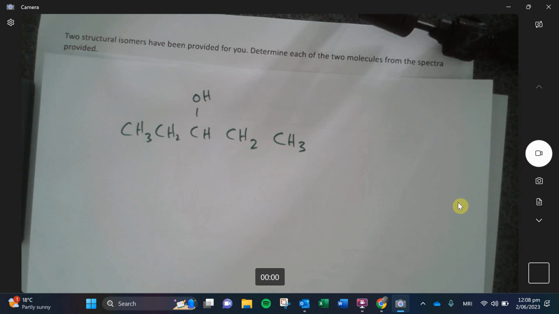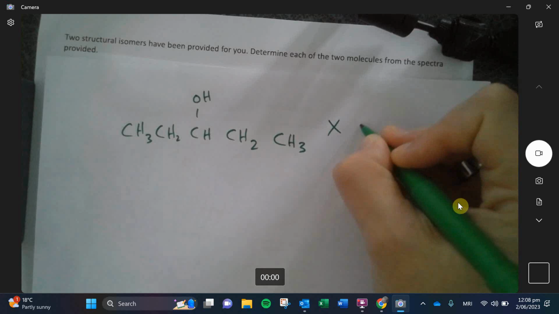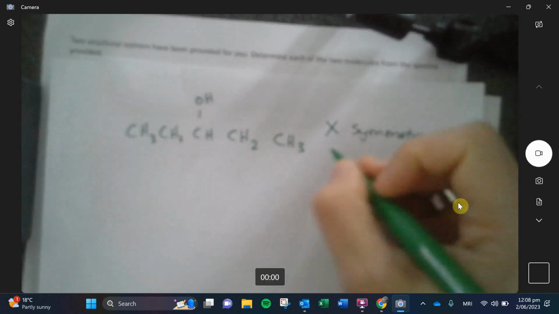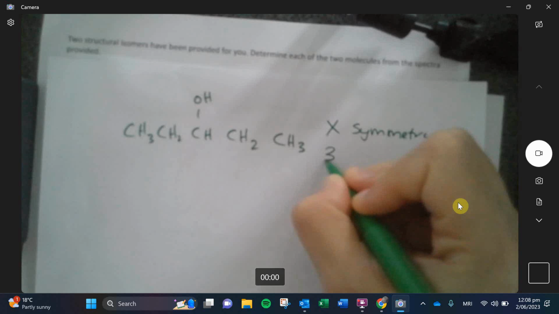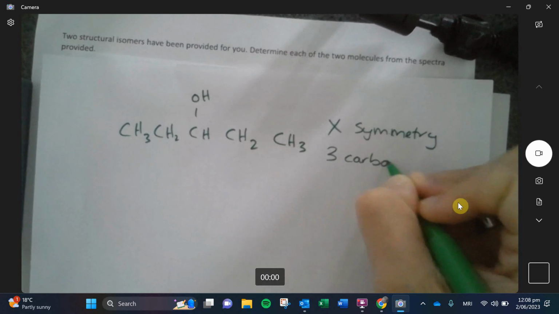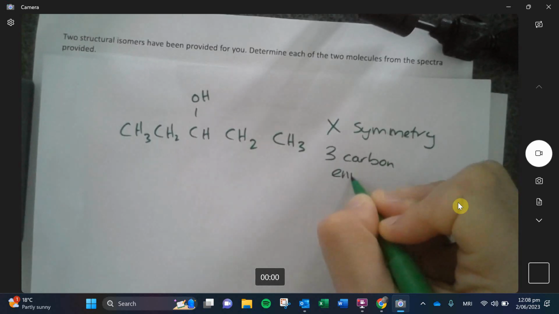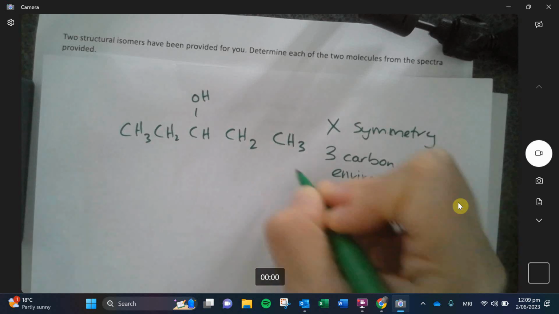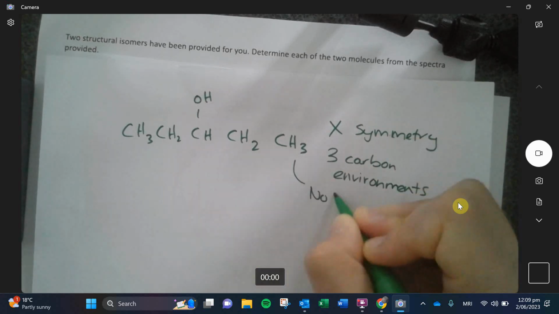Why is this not? There's symmetry. So this is not one of the possible answers for molecule 1 or molecule 2 because we see that there's symmetry. And it has 3 carbon environments. So this one here is not the answer.